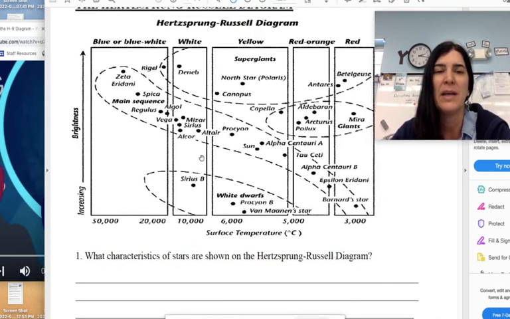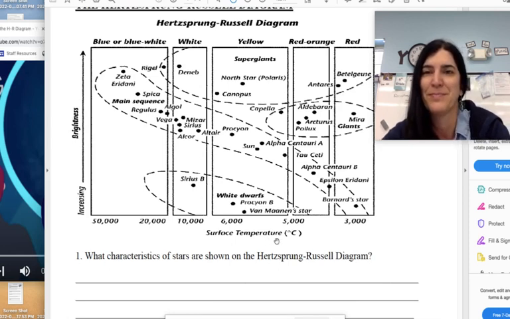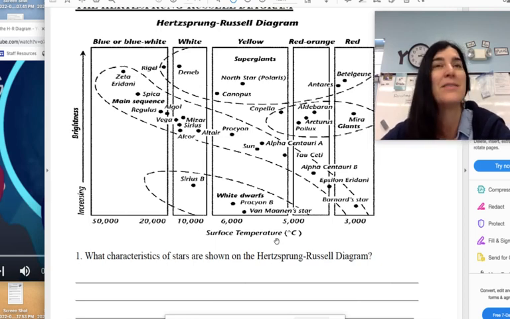First, it asks you what characteristics of stars are shown on the Hertzsprung-Russell diagram. Well, we see the brightness, right? We see the surface temperature. What else does it tell you? What else, guys? Go ahead. The brightness, we said. The temperature, what else?